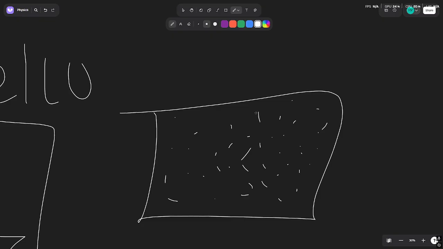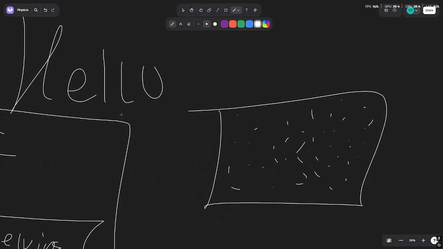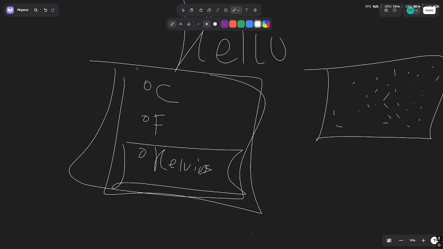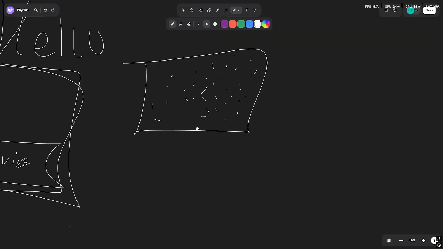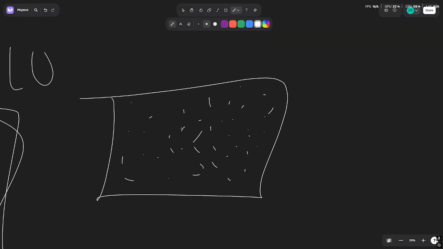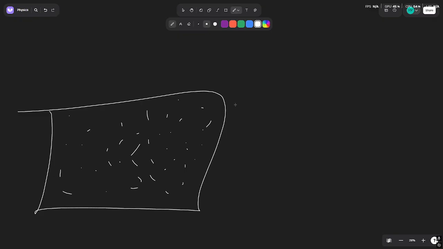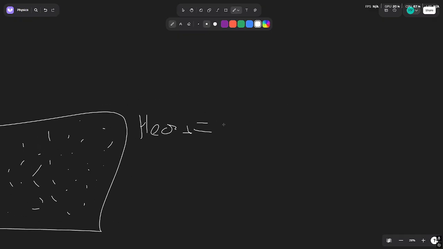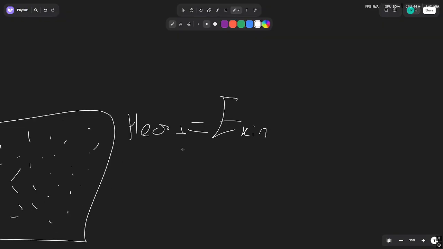So heat inside a molecule is exactly this measurement. But how does it work on a molecular level? We can imagine heat as energy, and exactly as kinetic energy.